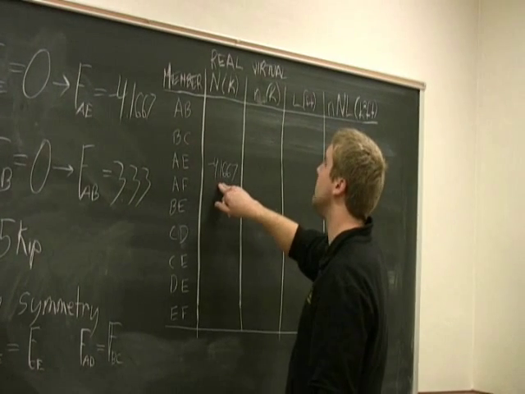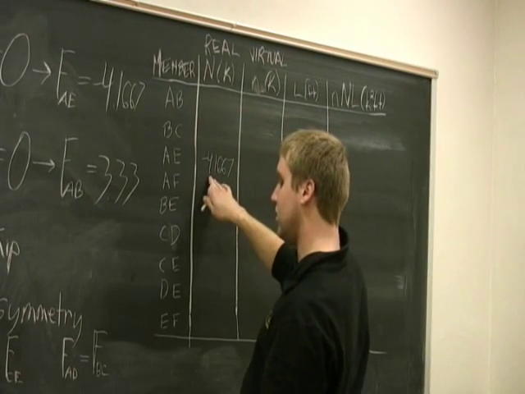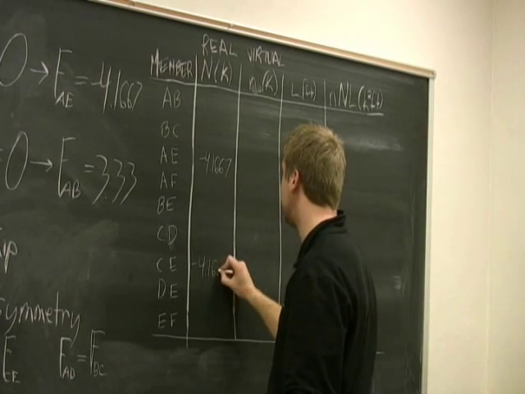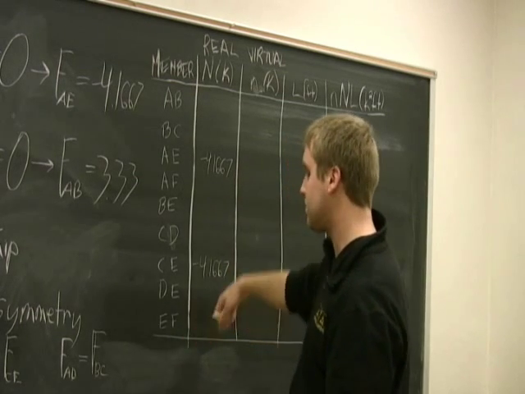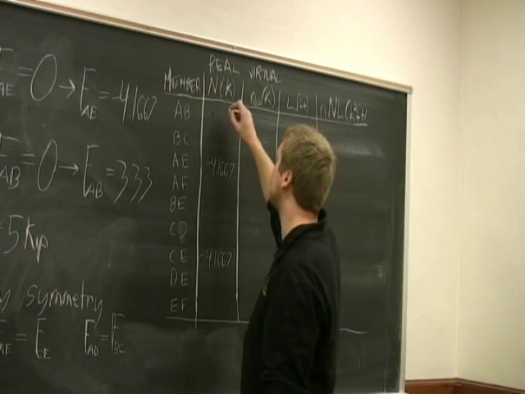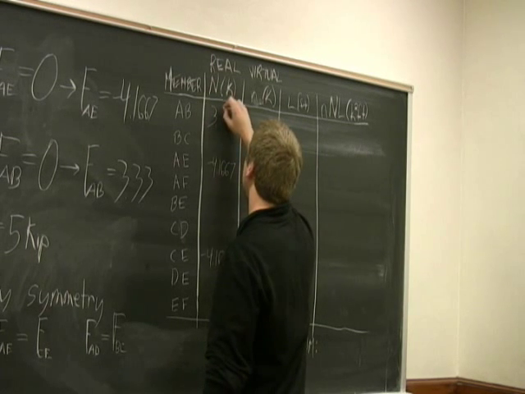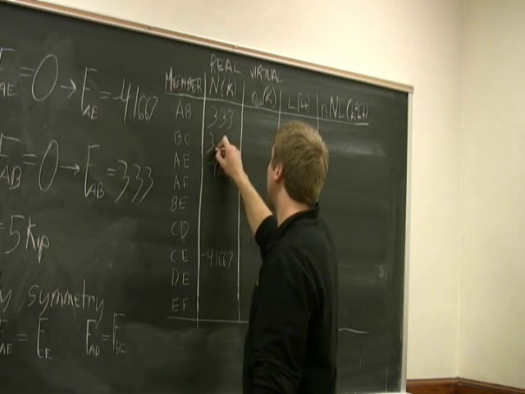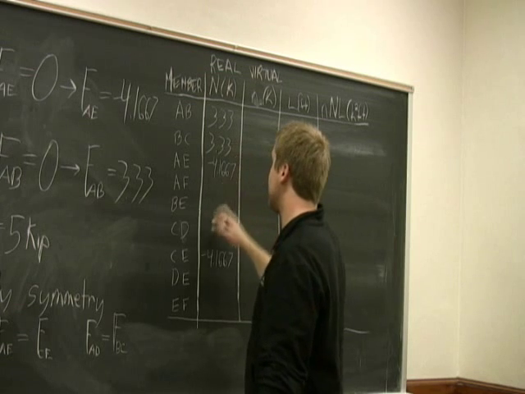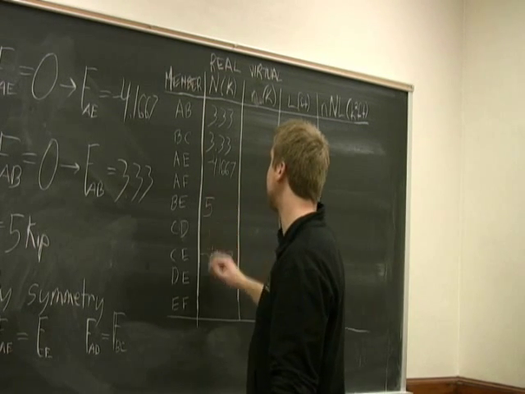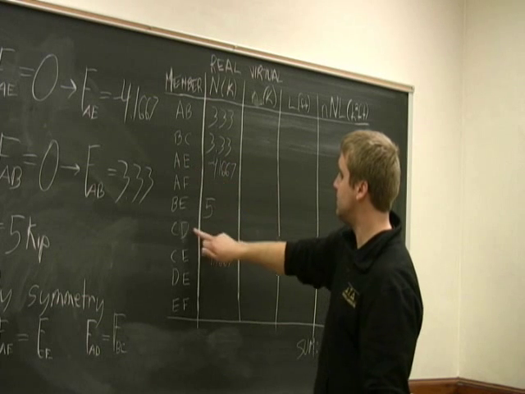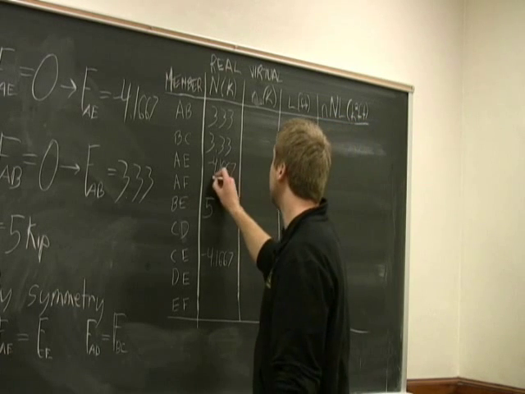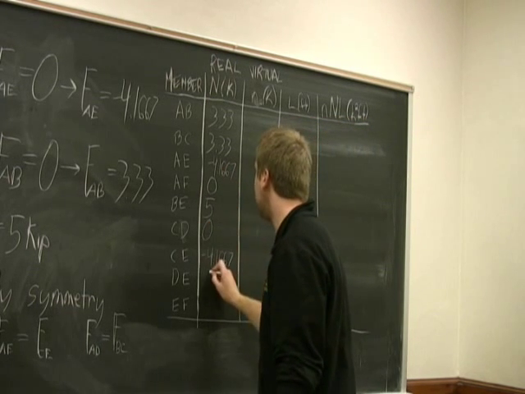I already plugged in our AE force, which is also equal to CE. So, negative 4.1667. Now, our force in AB is equal to 3.33, which is also equal to our force in BC. Our force in BE is 5 kips. Now there's still AF, CD, DE, and EF, but we figured out that those are simply 0 and that there are no forces in those members.